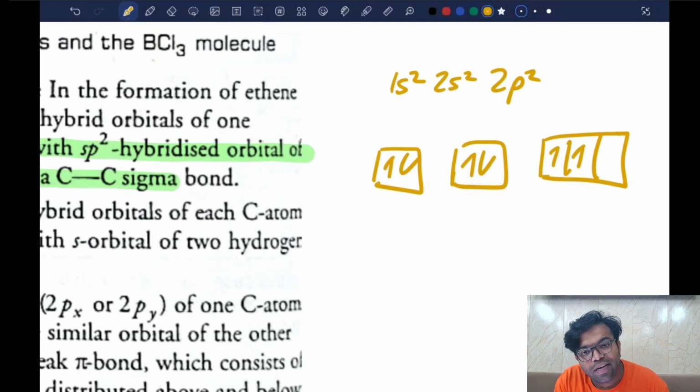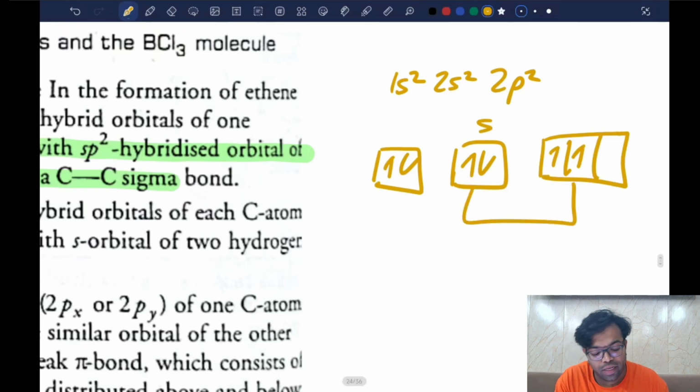Now, there is an electron present in the s orbital, and there are two electrons that are present in the p orbital, right? So basically, you don't have to promote any electron to the p orbital for the hybridization to continue. So you have sp2 hybridization, but you have one orbital left behind. You have this one orbital left behind that can be used to do the sideways overlap.